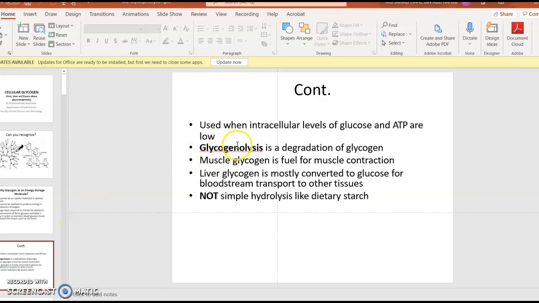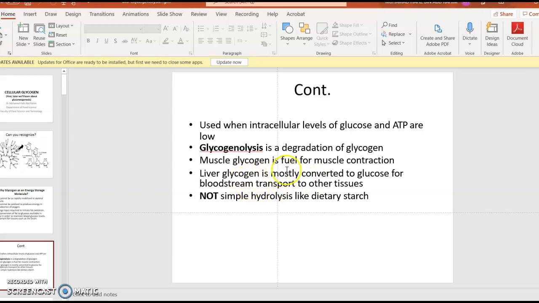Glycogen is used when the intracellular levels of glucose and ATP are low. So the body starts to release glucagon, which is the opposite of insulin, to start breaking down the glycogen. Glycogenolysis is the degradation of glycogen. Muscle glycogen is fuel for muscle contraction, which means that only muscle can use it for themselves.